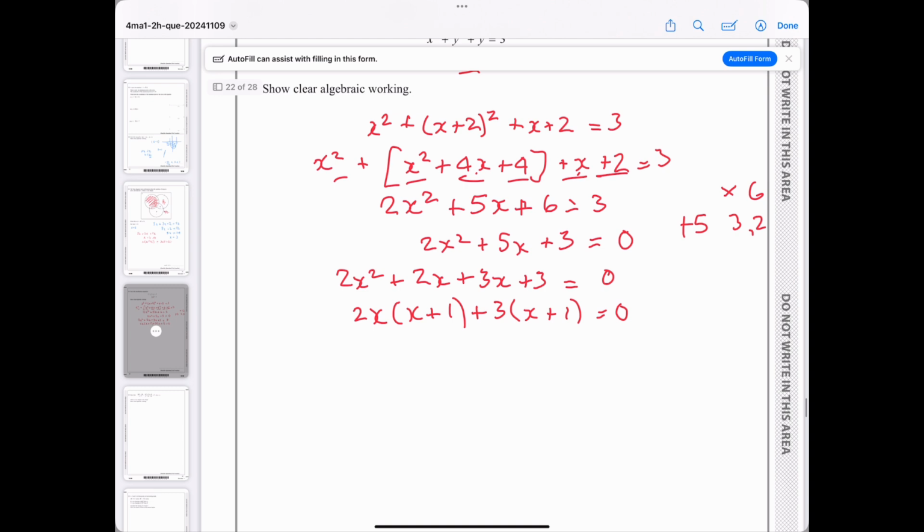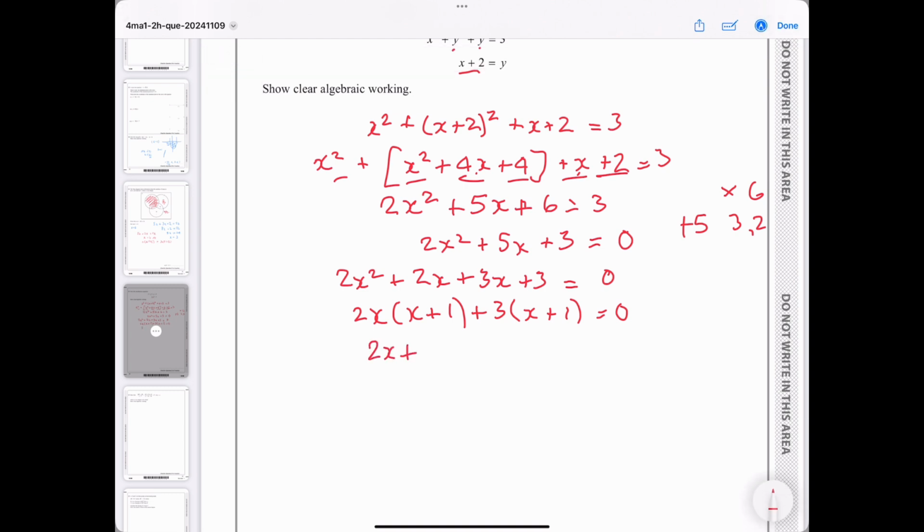So we now know that 2x plus 3 is one of our things for x, and x plus 1 is one of our things for x equals 0. So x equals minus 3 over 2, and x equals minus 1.